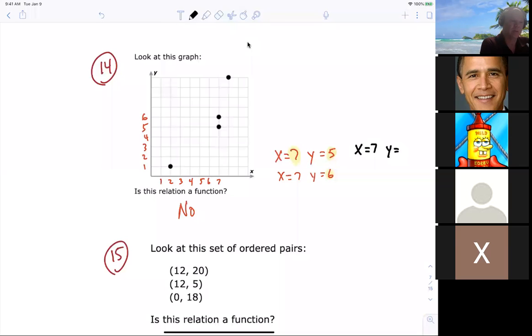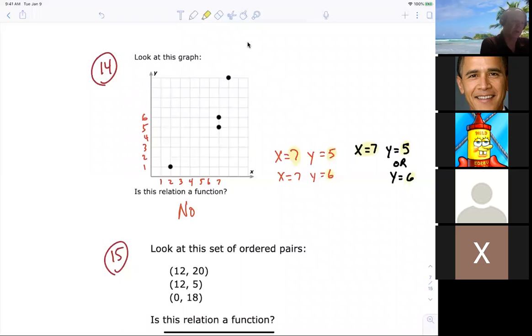X being 7 can't have two different values. So in this case, at x equals 7, y can be 5, or y can be 6. Each x value has to have only one y value. When x equals 7, there are two y values that can fit with 7.